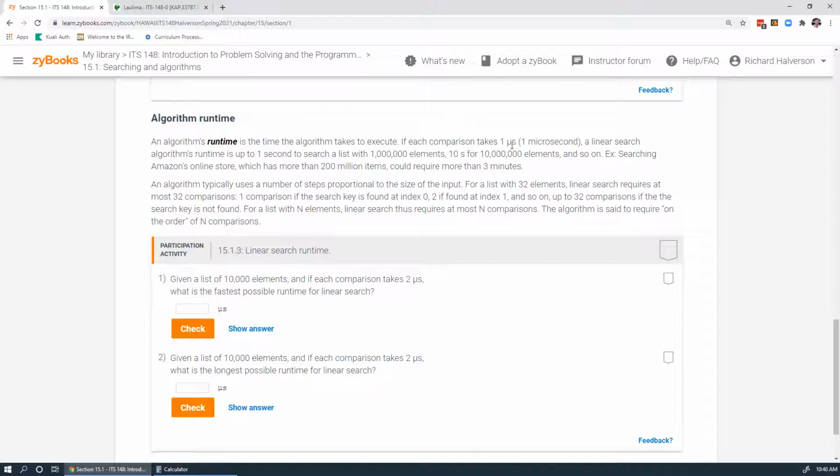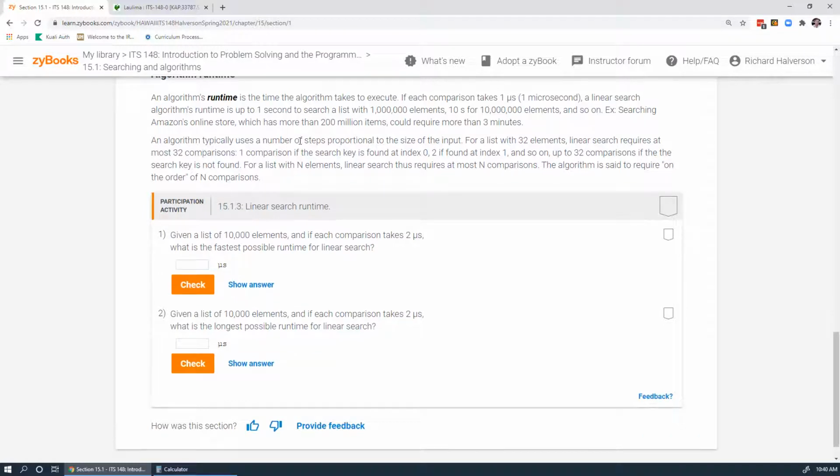There's a million microseconds in a second, not 1,000. For linear search, if you're searching through something that's got 1 million elements and it's not in there, it's going to take a whole second to get through it. If it's 10 million elements, then it's going to take 10 seconds, and so on.